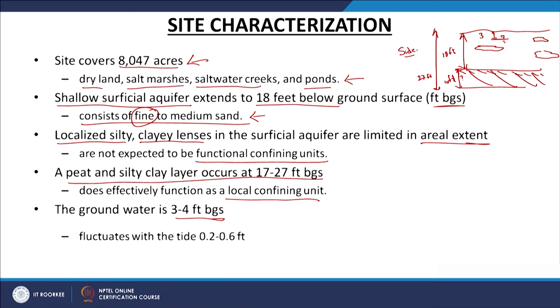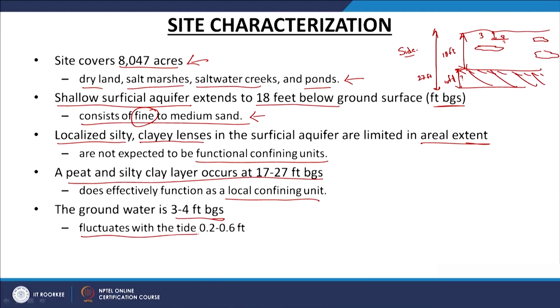That is something to keep in mind. So, again keep in mind that this particular site was on the coast. So, you are going to have tides, tide coming in and going out. Because of that tide, the groundwater level fluctuates by 0.2 to 0.6 feet. That is something to keep in mind. The contaminated interval is shallow, okay.